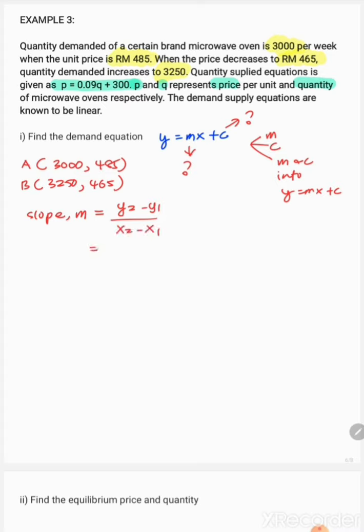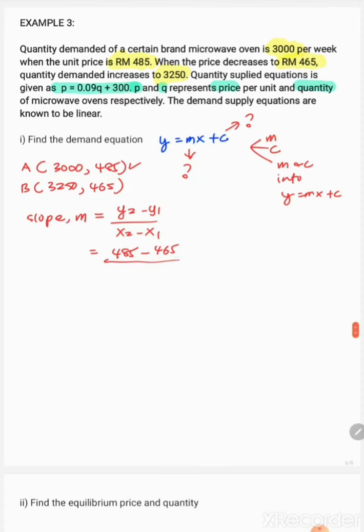You can choose either one to be y1 and y2. So I start with this as my y1. y2 will be 485 minus y1, 465, divided by 3,000 minus 3,250.